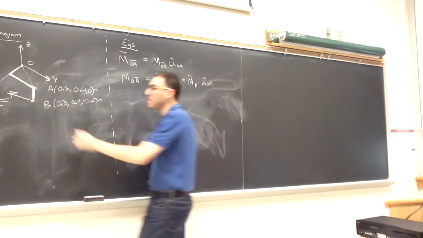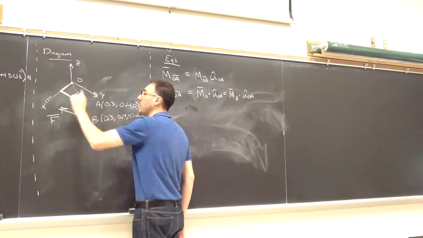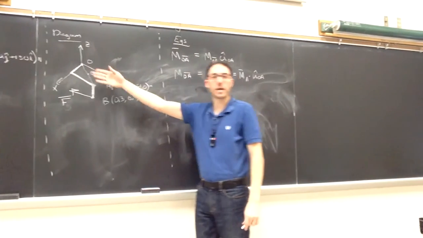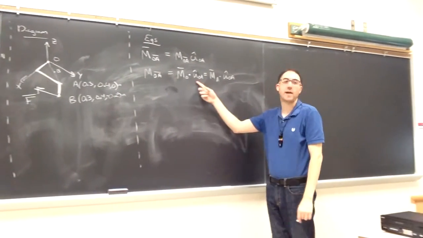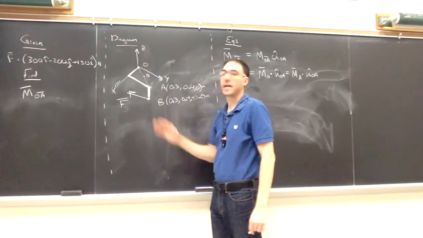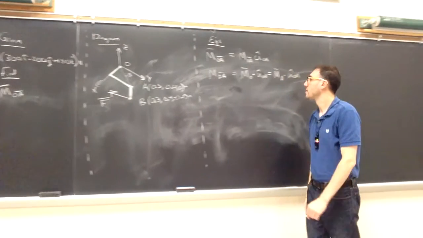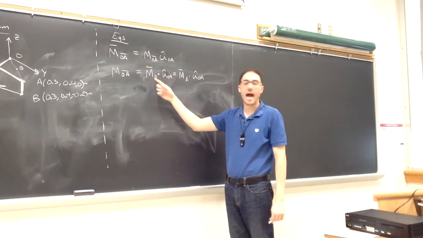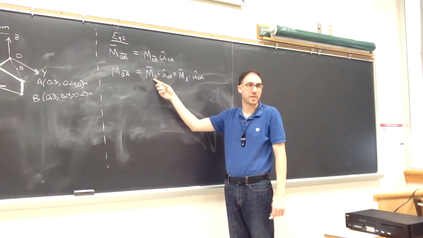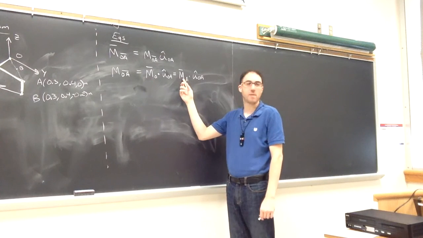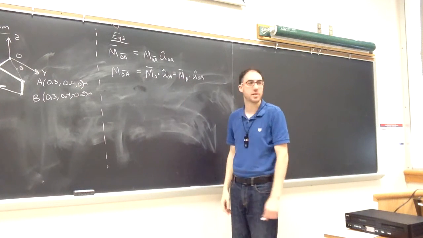Or if there was some point B that for some reason was convenient, if I knew the moment about B, I could also dot that with the unit vector OA. So for any point that lies on that axis, I can find the moment about that point. Since the origin lies on this axis, this is probably going to be easier to find by hand. But we can also use the moment around A, and that would be all right also.